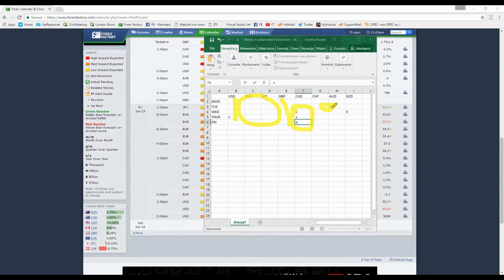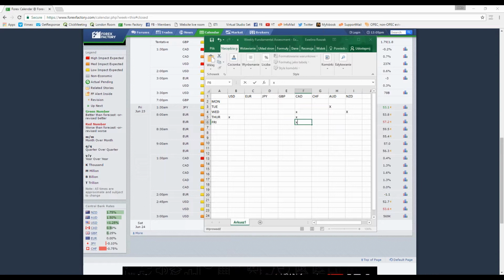Once the Aussie is passed tonight, we can have a look at getting involved with some tight stops on the Aussie New Zealand for the rest of the week. And involving the New Zealand, we can look towards Wednesday to potentially provide direction for any of the New Zealand pairs. So that's how we're going to be planning using the fundamental assessment this week.